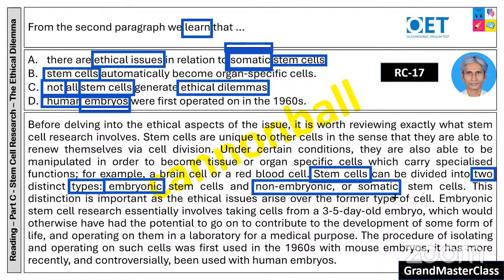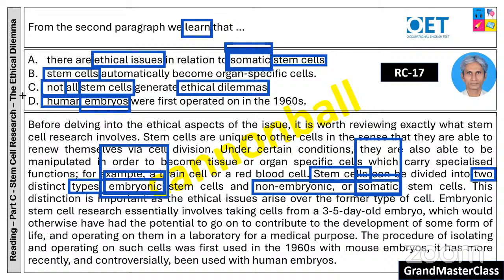The first category is embryonic, this is number one. The second is somatic, number two.